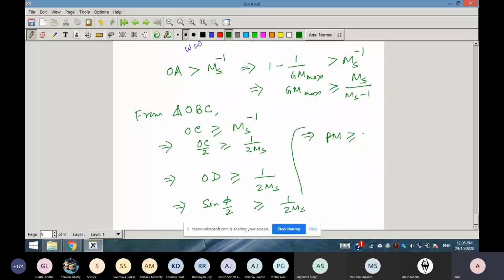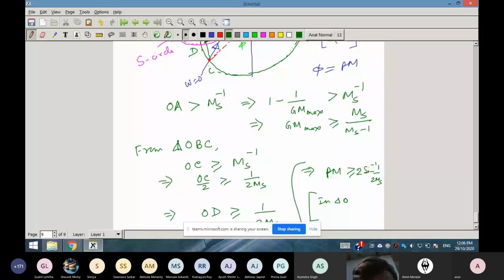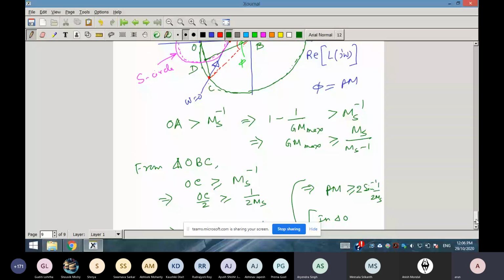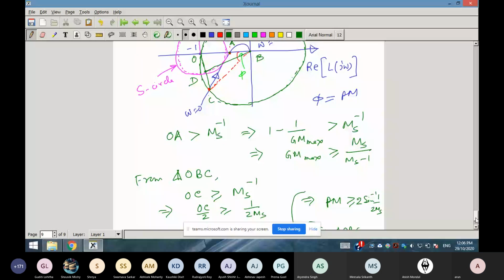So here, just for your information, you just write, better to mention ODB in triangle OBC, OB equal to OC equal to 1.